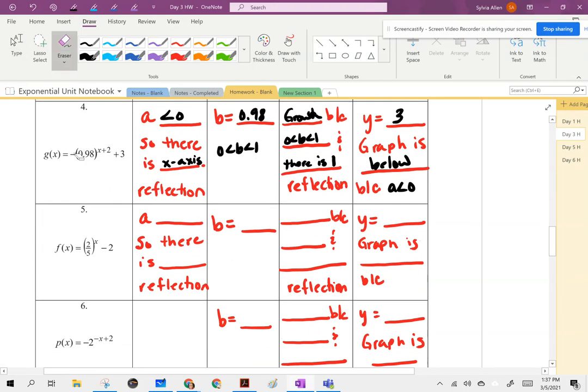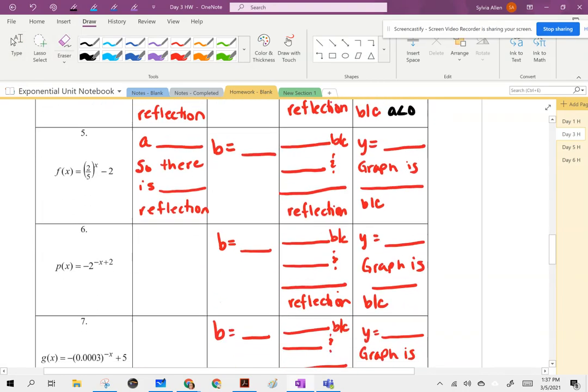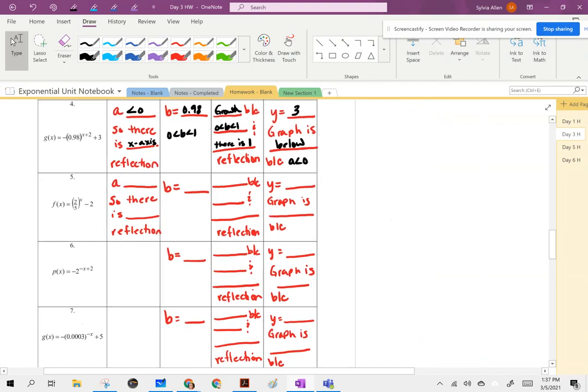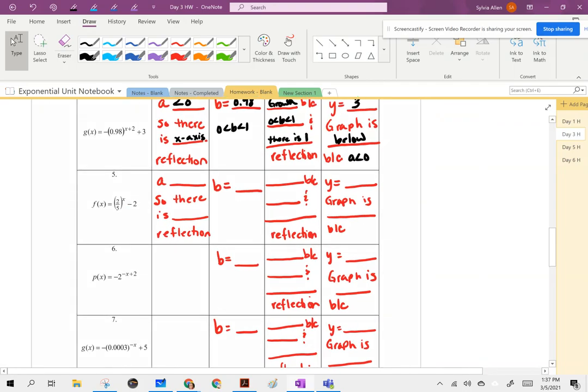All right, let's see if you can try 5, 6, and 7. On 5, A is greater than 0, and X is also positive, so there is no reflection. B is 2/5, which means 0 is less than B is less than 1.